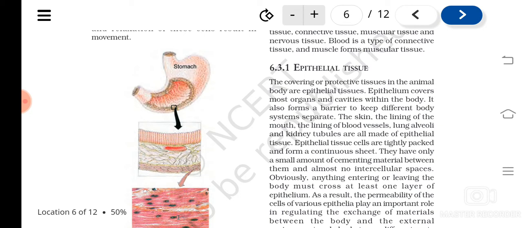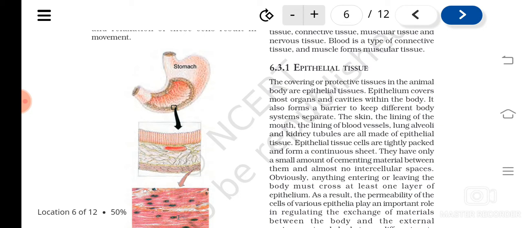Then the skin, the lining of the mouth, the lining of blood vessels, lung alveoli, and kidney tubules, all these are made up of which kind of tissues? Epithelial tissues. When we see their specialities, epithelial tissues are tightly packed without any intercellular space, and they form a continuous sheet.